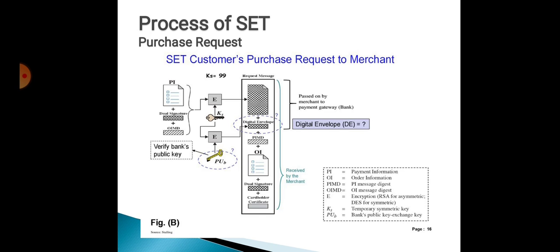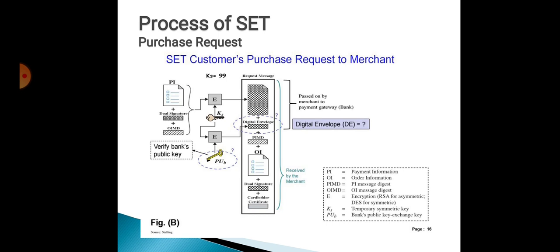First is a request, second is a response. Now the merchant generates a response, signs it with its private signature key, and includes the customer nonce, the merchant nonce, and the transaction ID for purchase transactions. In addition, it includes the merchant signature certificate and the payment gateway key exchange certificate.